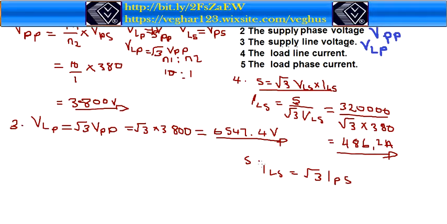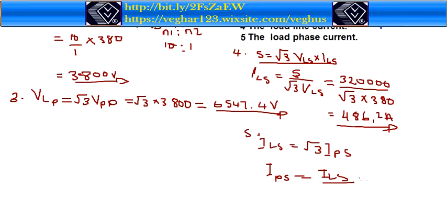For a delta current, when you check the delta equation, it's not the same as the star. We can make line current equal to root 3 times the phase current, making IPS the subject: line current divided by root 3.